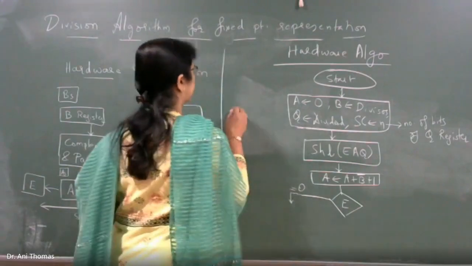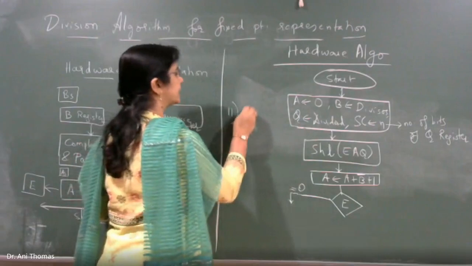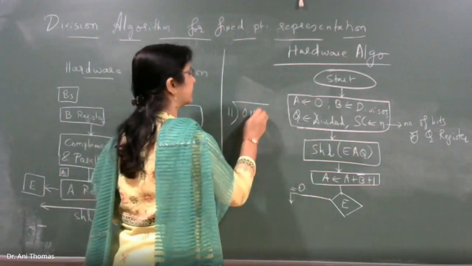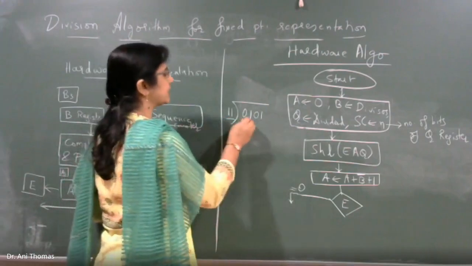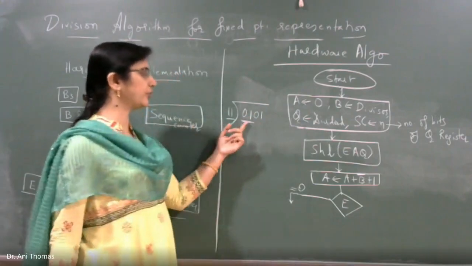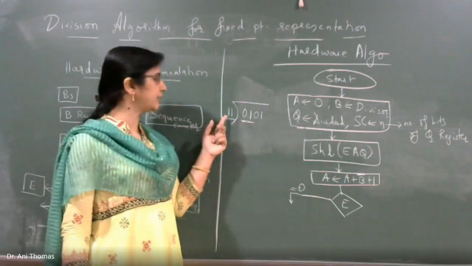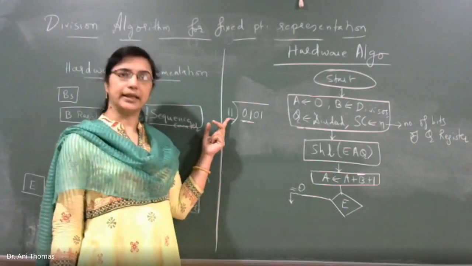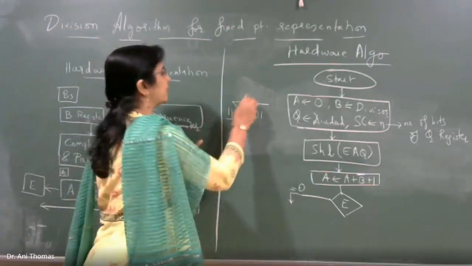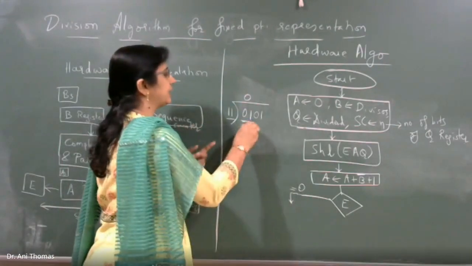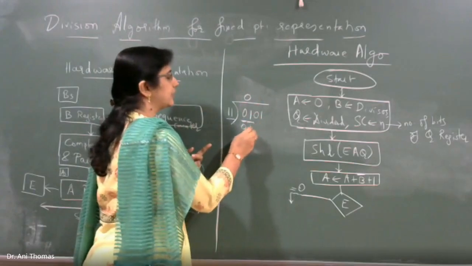Suppose we have a division with 1 1 and 0 1 0 1. Suppose this is the dividend part. So when we check with 1 1, if it is 0 1, this is smaller, can it be divisible by this? No. So in that case, we put a 0 over here and then we write the next one, 0 1 0 also.